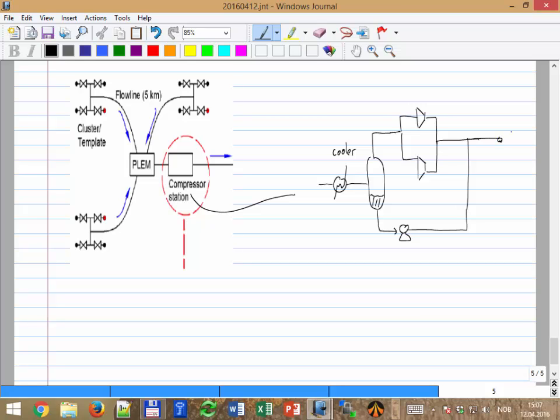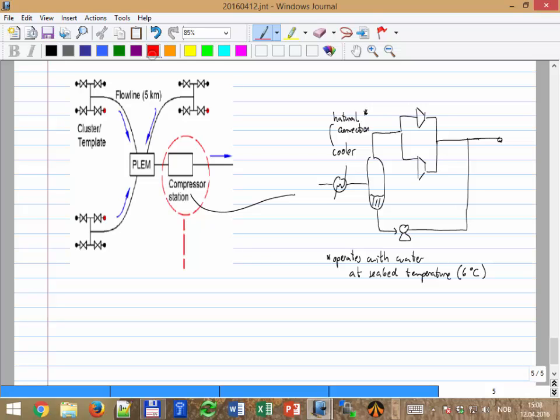And the cooler is just natural convection, and that means that it's working just with the water at the seabed temperature, and that's about 6 degrees Celsius.